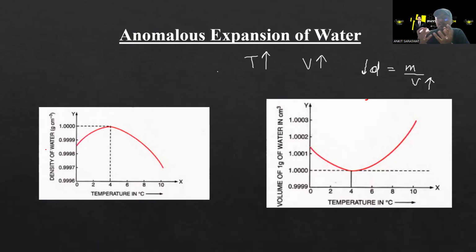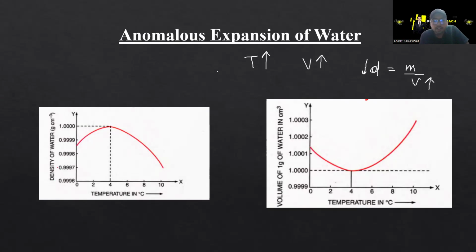Even in such a chilled environment, in very low temperature regions, aquatic animals still survive. The reason is this anomalous expansion of water.